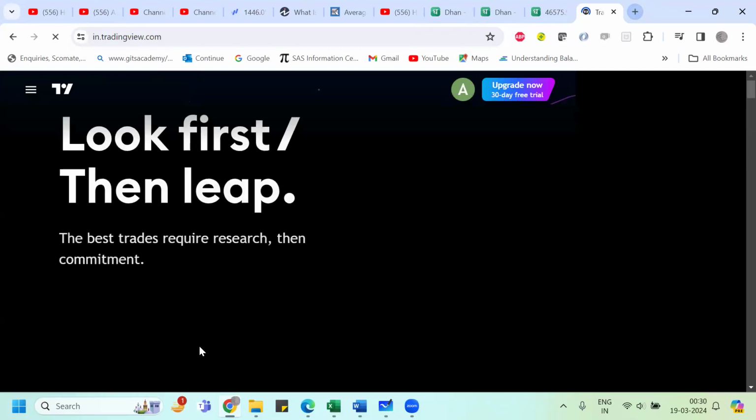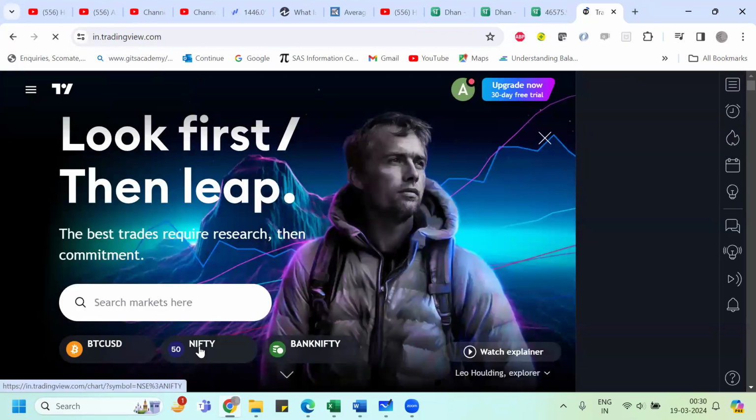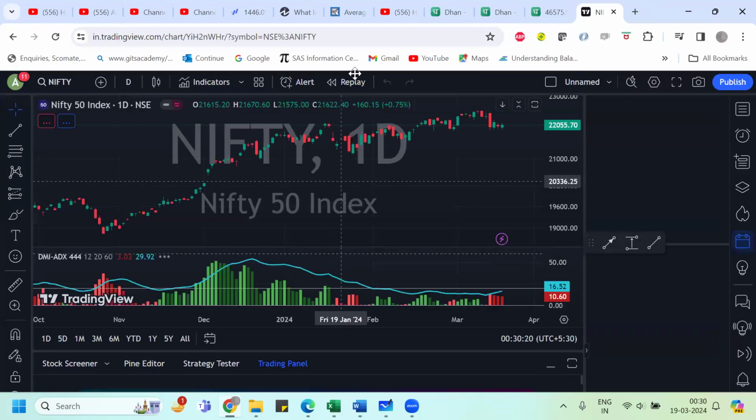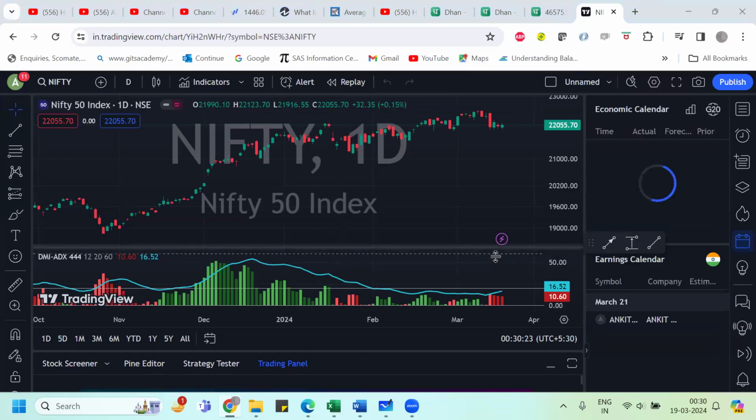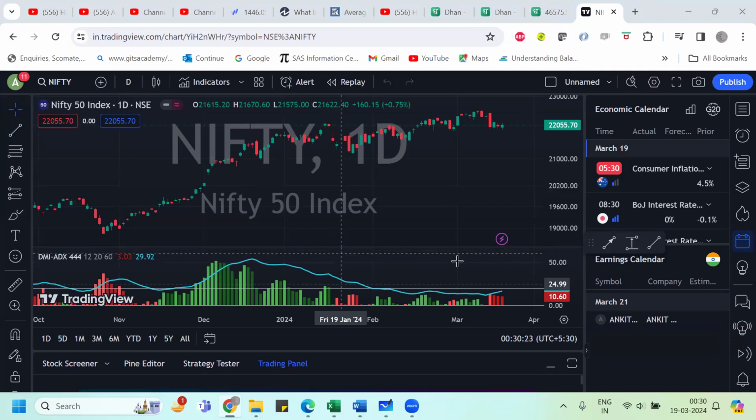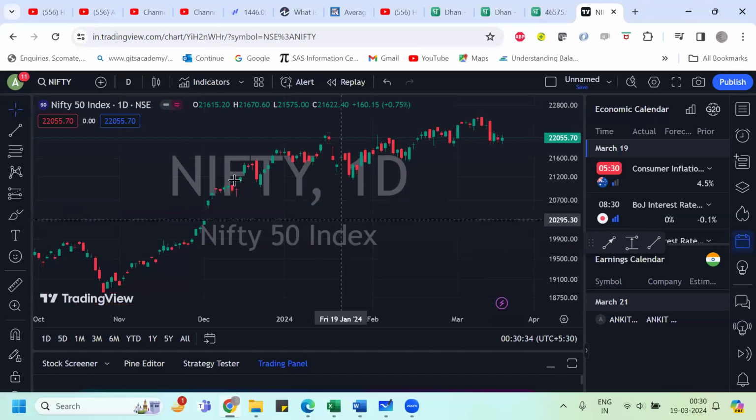So, one minute. Let me just remove this, because at a time I can use only two indicators in TradingView.